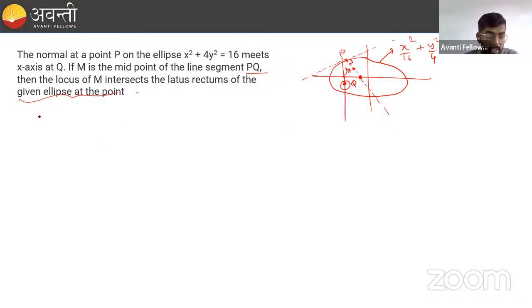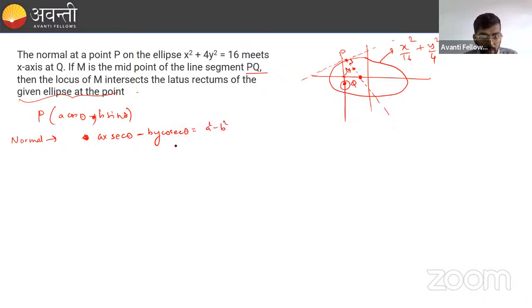See, the normal at any point P (a cos theta, b sin theta) can be written as ax sec theta minus by cosec theta equals a square minus b square. What is the value of a?